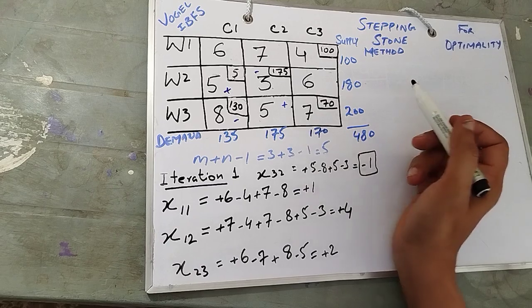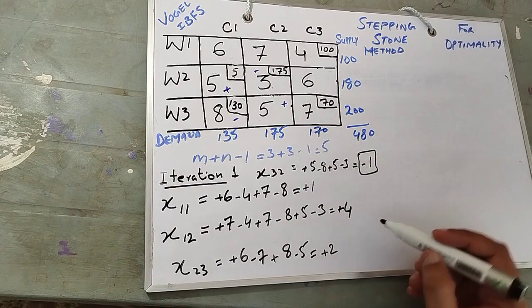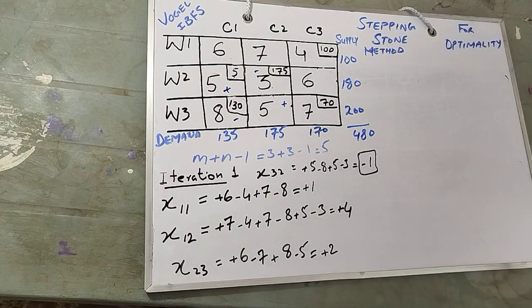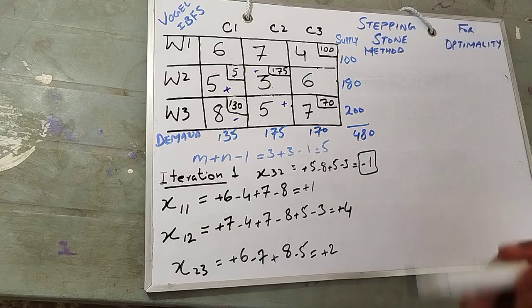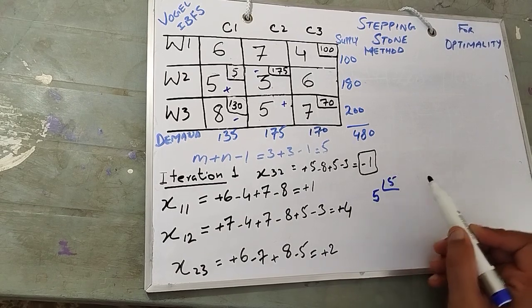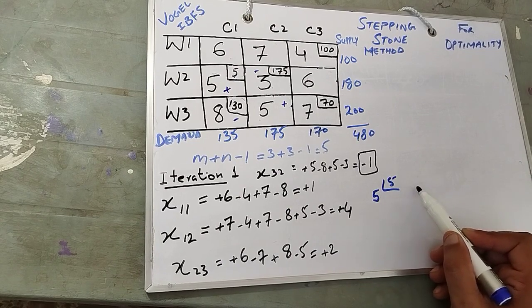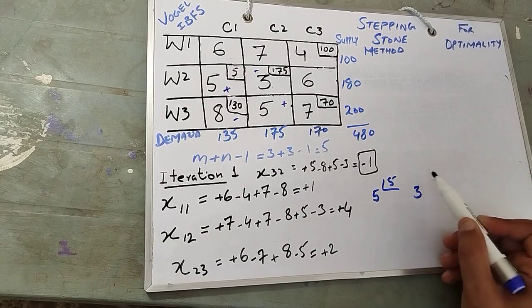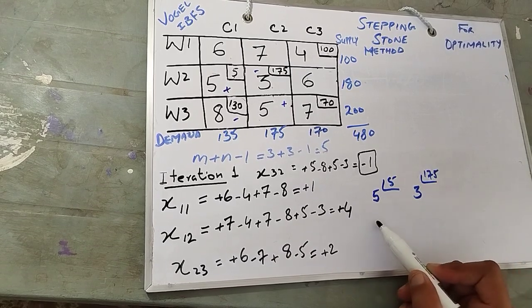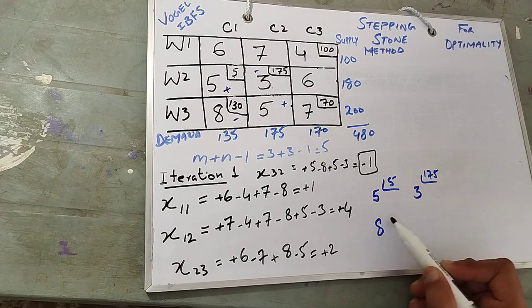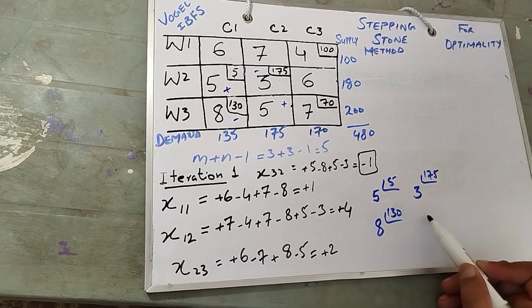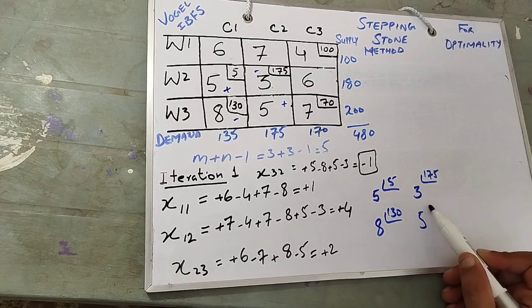Okay, let me solve it for you. The first allocation we had was 5, 5, and 3. Okay, this was 8, 130, 5, that is 0.